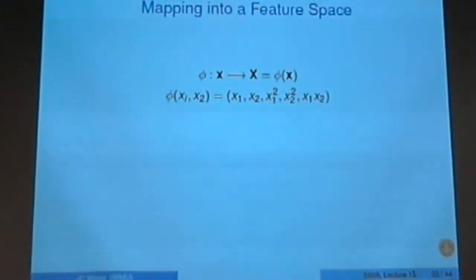Mapping it into a feature space, for example, here is one example. This is more or less like a polynomial kernel, right? I think this is x1 again, a typo. So this is transforming x1, x2 to x1, x2, x1 squared, x2 squared, and x1 times x2. A second degree polynomial.